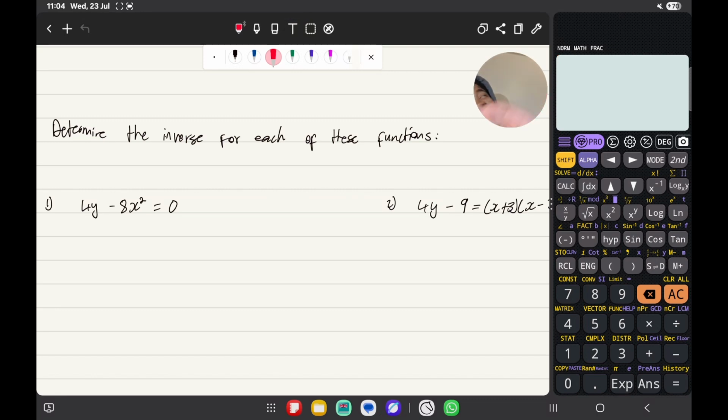So, we spoke about linear inverse functions earlier on. And one thing I want you to know from the linear functions, something we mentioned in that video, is that the inverse function method is always the same.